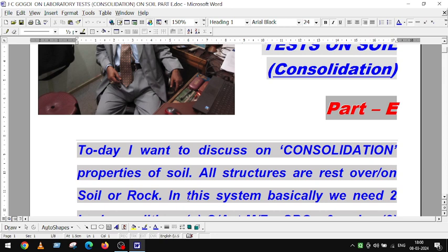Consolidation is, in a word, a safety license of all structures, because soil has a nature of being compressed under static or any type of load.